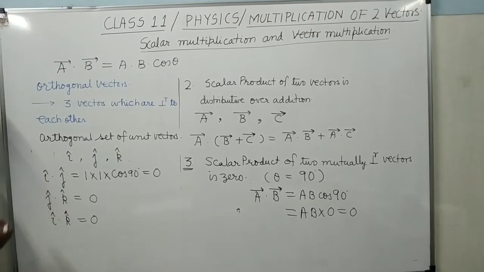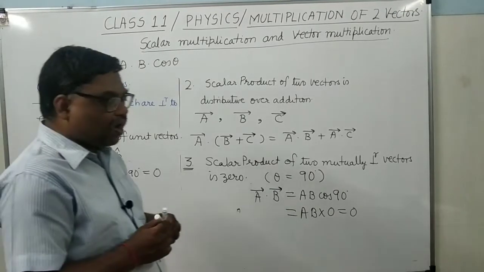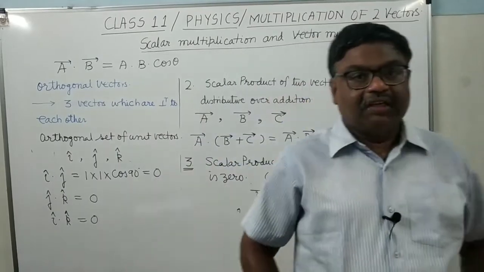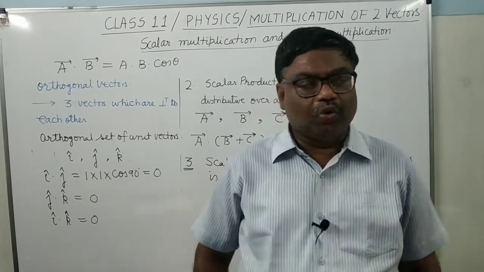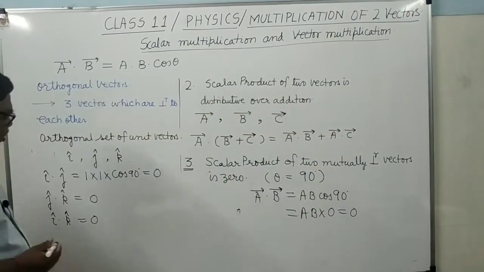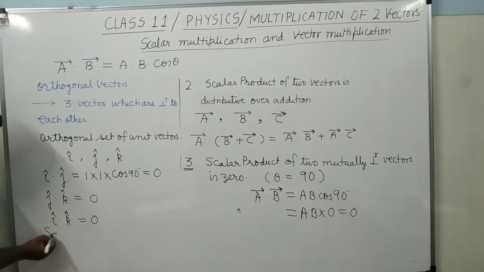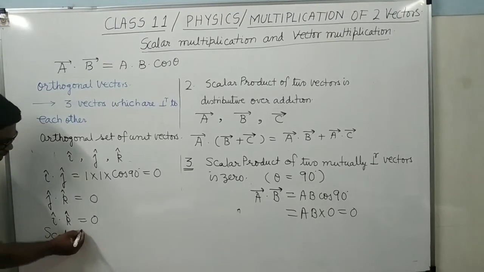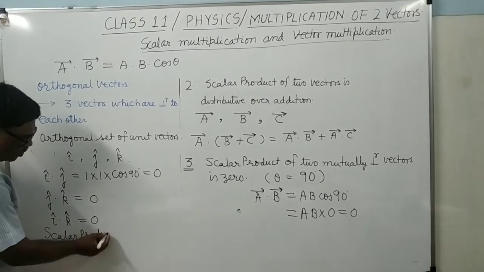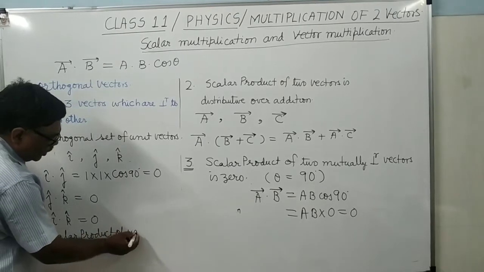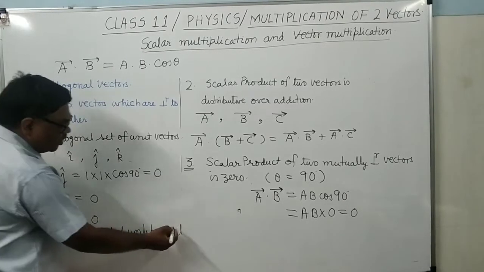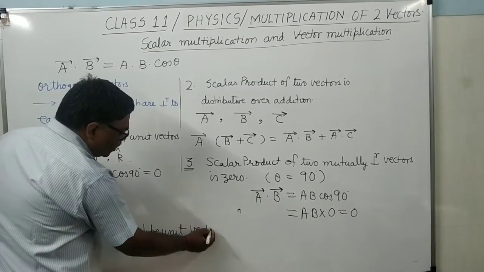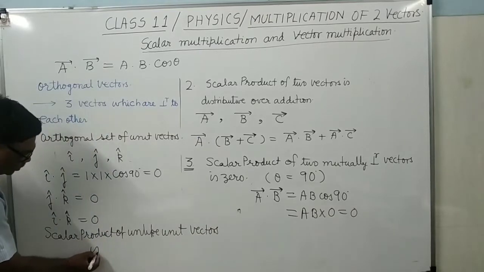So from here you can deduce that the scalar product of unlike unit vectors is 0. Is it clear? This you remember: the scalar product of unlike unit vectors is 0.